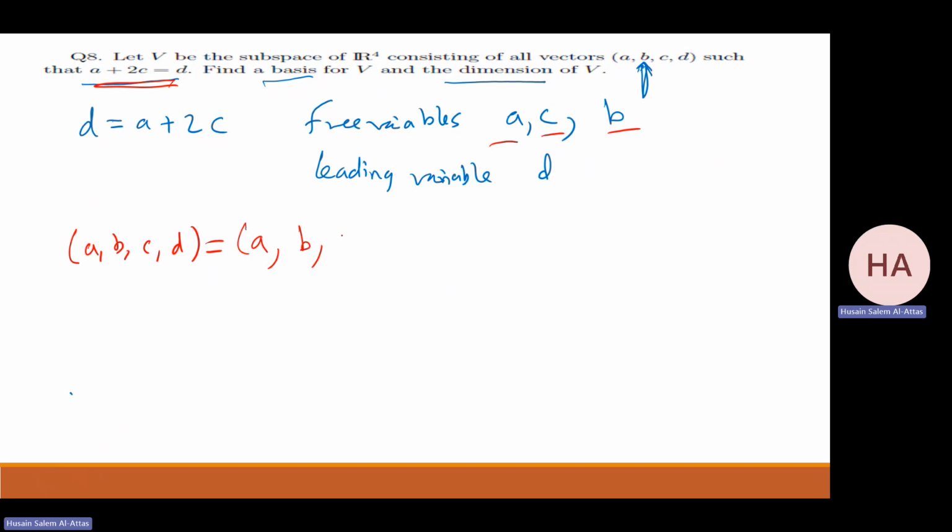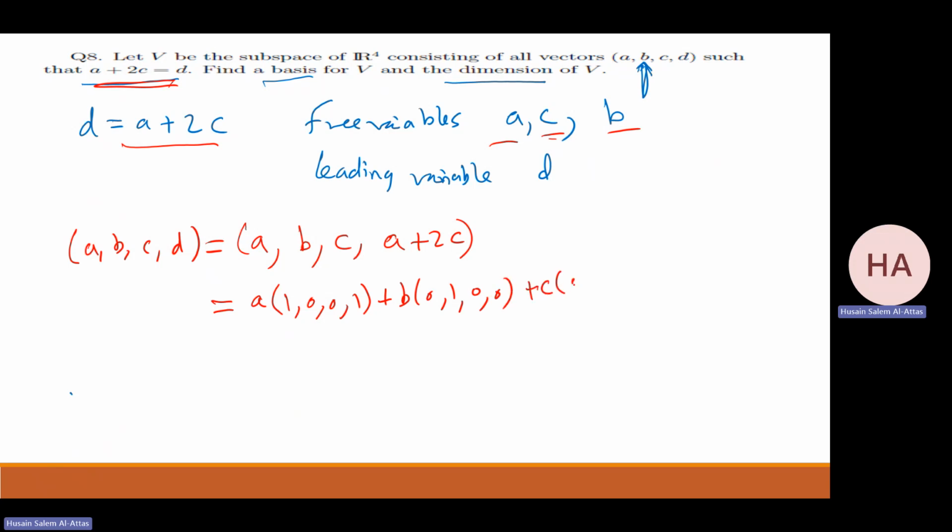A, B, C, and the free variables I do nothing with; just the leading variable, A plus 2C. Now I take the free variables as common factors. Or I can make A equal T1, C equal T2, B equal T3, or the way you like. That will be A times (1, 0, 0, 1) plus B times (0, 1, 0, 0) plus C times (0, 0, 1, 2).